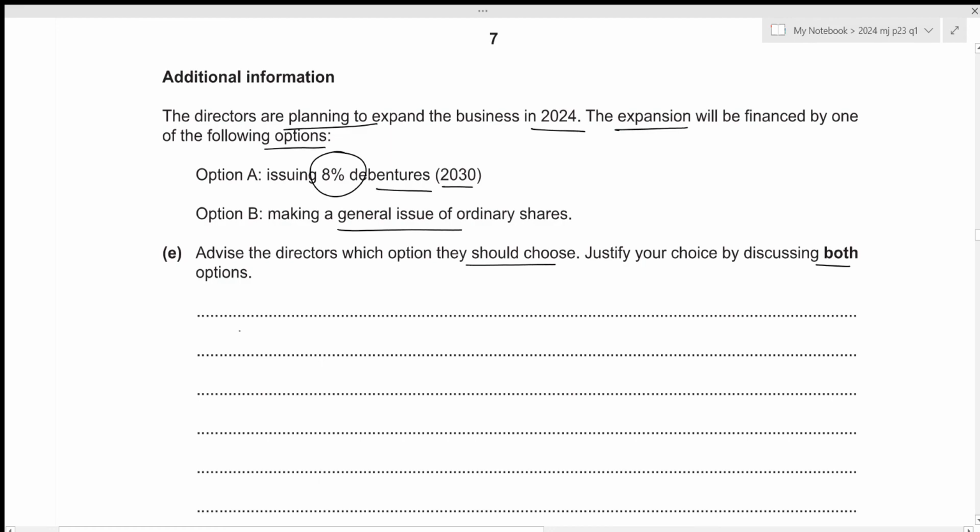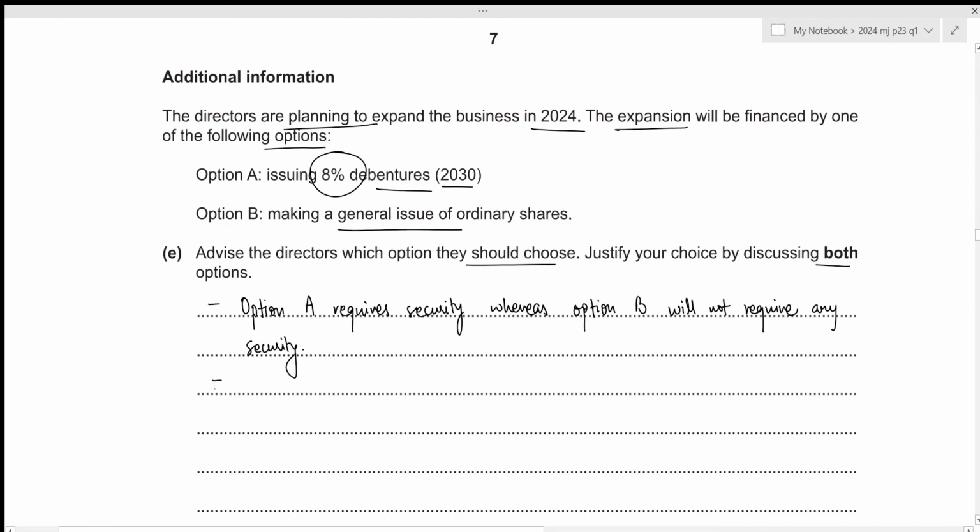And in this case, I think it would be better if we write down by comparing the points. So the first factor is security. Option A will definitely require security because it is a debenture. Whereas option B is to issue ordinary shares and it will not require any sort of security.